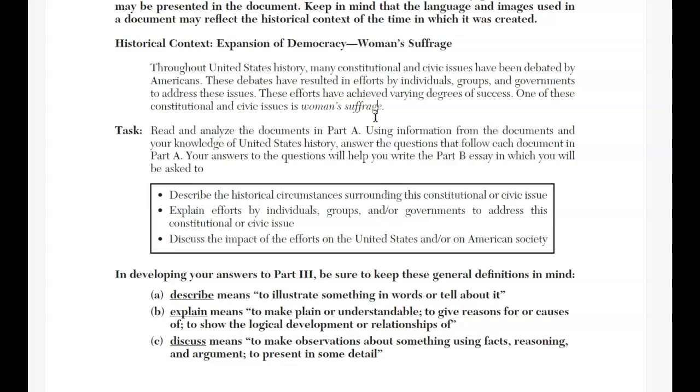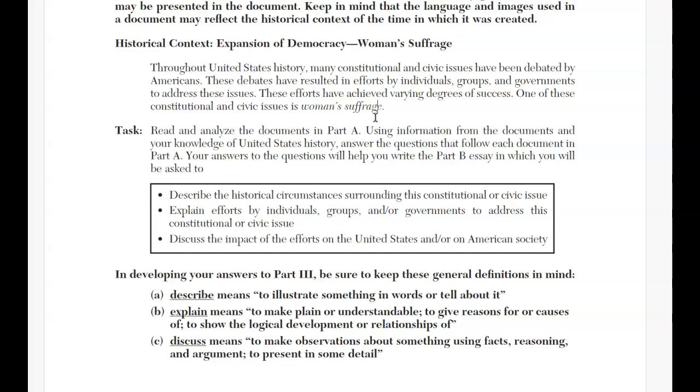After the Civil War, the 15th Amendment, so the 13th Amendment abolishes slavery, the 14th Amendment guarantees equal protection of the law, and the 15th Amendment says you cannot stop somebody from voting based on race. But it doesn't say anything about gender.